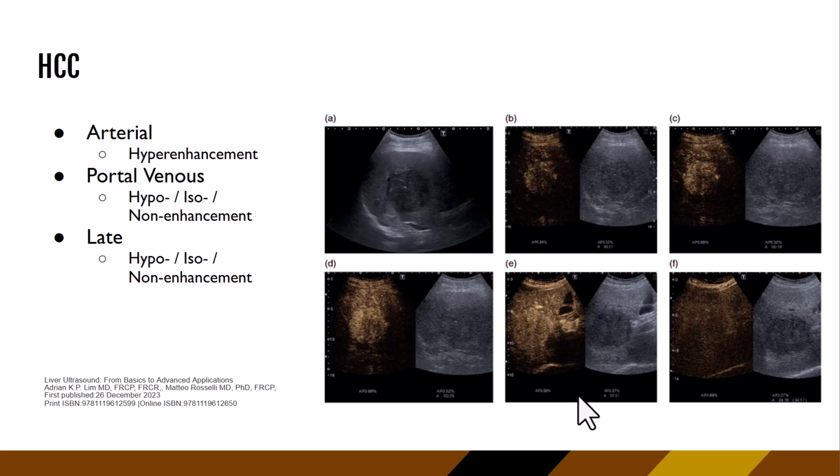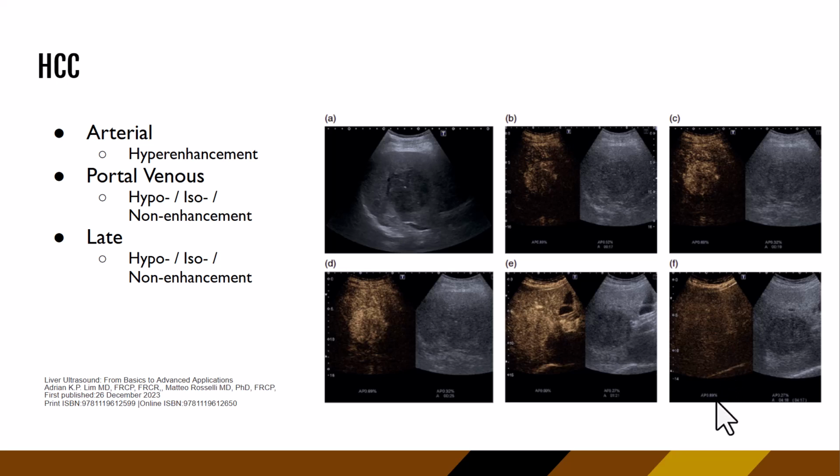Now here we are at the minute and 21 second mark, and this is more into the portal venous phase. The lesion itself has now become a little bit more isoechoic compared to the surrounding liver tissue, which makes it a little more difficult to distinguish. And then at 4 minutes, in the late vascular phase, we begin to see a subtle hypoenhancement, which would indicate a mild washout.